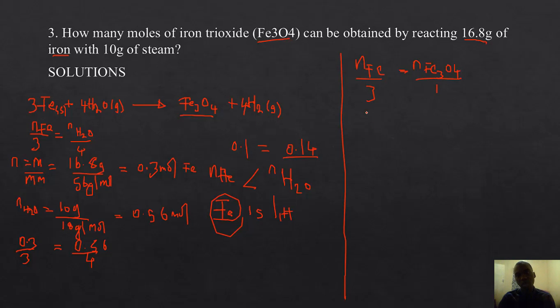So 0.3 divided by 3 gives us 0.1, which is equal to the number of moles of Fe3O4 over 1. Even if we cross multiply here, we're still going to have the number of moles of Fe3O4 equal to 0.1. And we have determined, because the question says how many moles of iron trioxide can be obtained by reacting 16.8 grams. So we have done exactly what they wanted us to do.